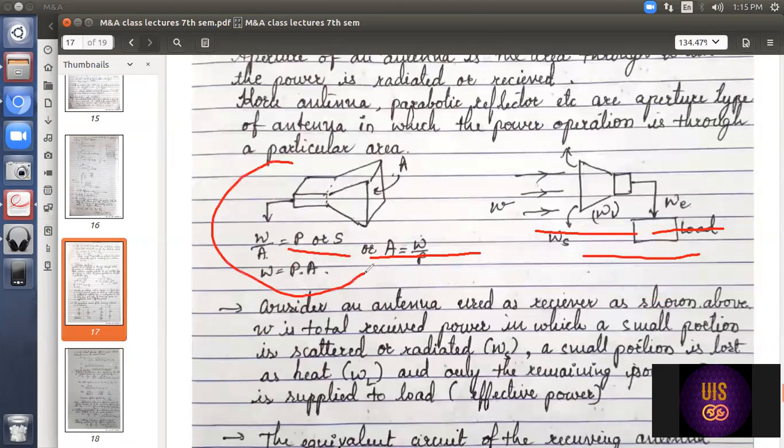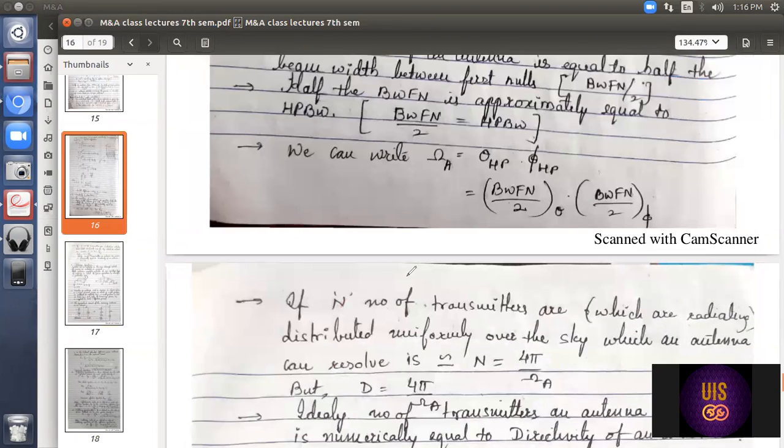If you check this figure, this is the definition of power density. Remember, the first parameter we discussed is the power density or Poynting vector S, given by the power radiated divided by area, W by A. So how to get the area? Area is W divided by P. Here I have written it: area is equal to W by P. This we have used: the power divided by power density. The same thing we are using in the definition.